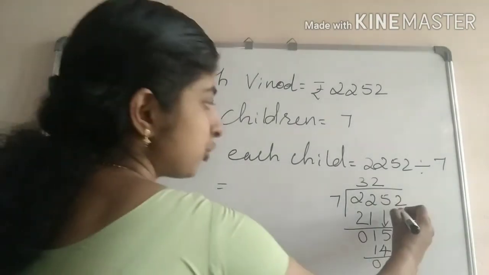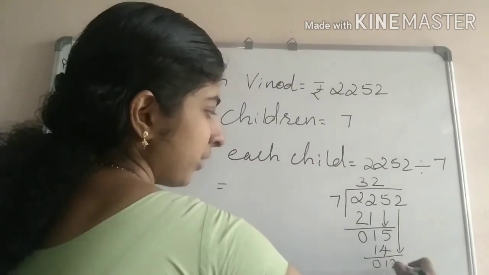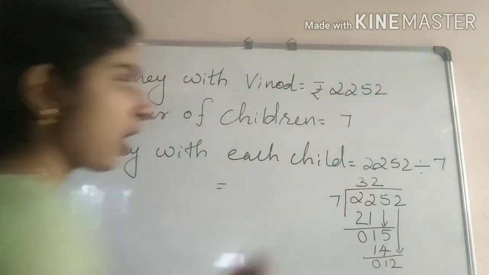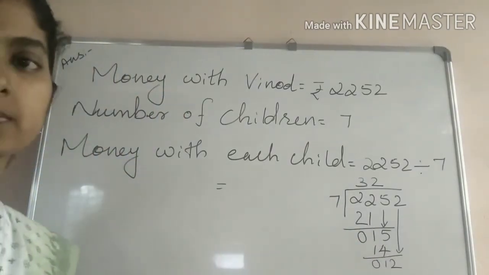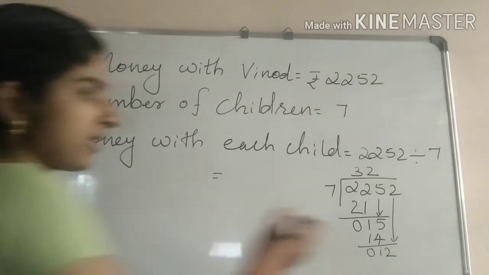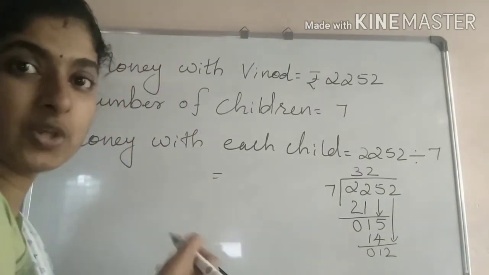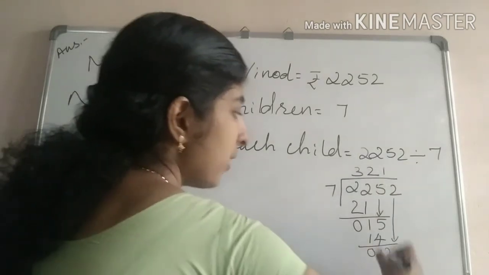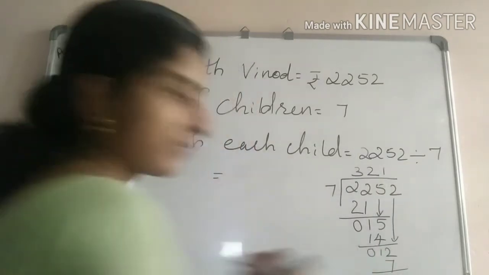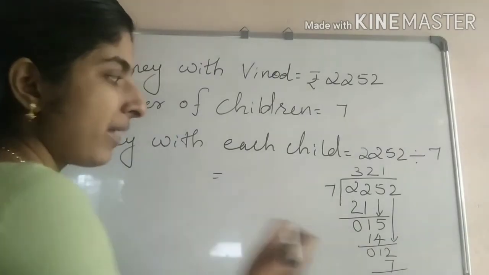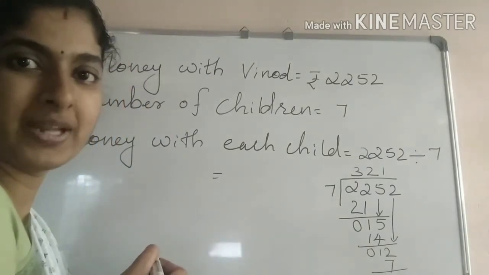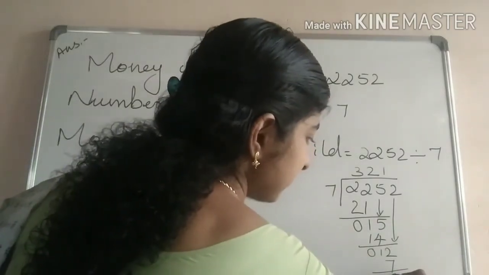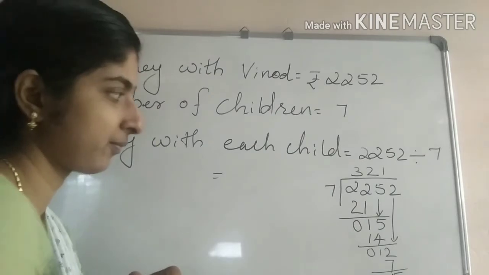Then this 2 comes down. 12 has how many sevens? 1 seven is 7, 2 sevens are 14. Here only 12, so we take only 1. 1 seven is 7. Then 12 minus 7, what is the answer? 5 is the answer. Balance 5.